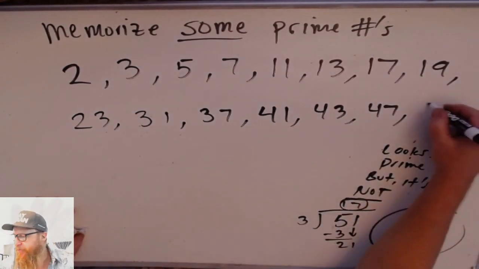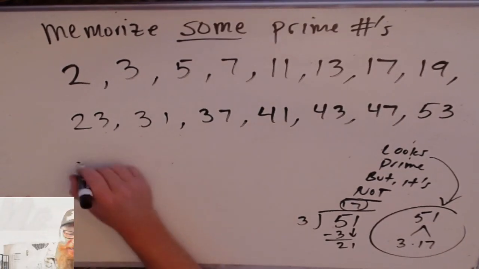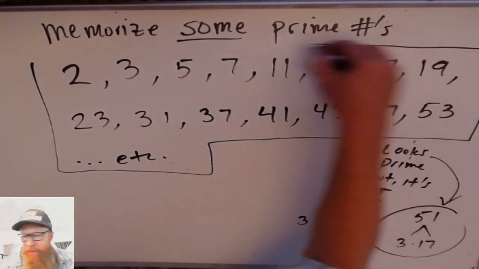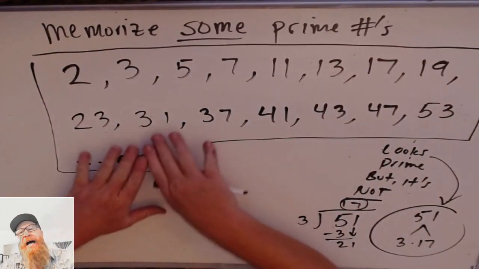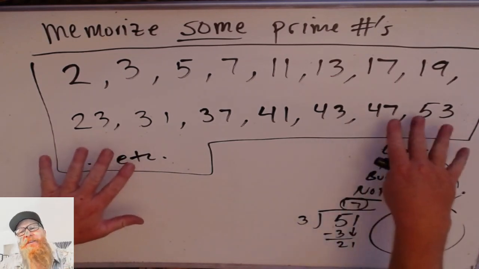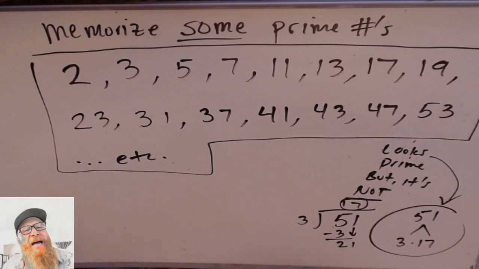What's the next one? 53 is prime. Etc., etc. I don't expect you to memorize all the primes. I think knowing up to about 50, or 53 in this case, is good enough, certainly for this class.